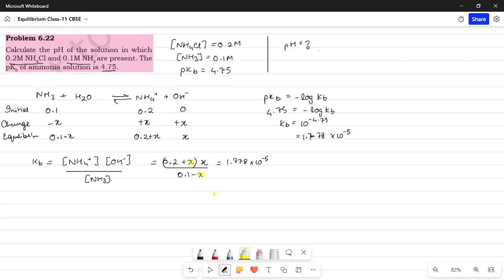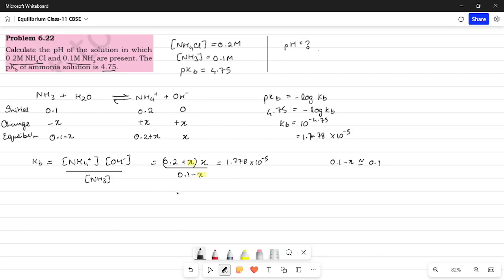So we are assuming that 0.1 minus X is approximately equal to 0.1, because the value of X is going to be significantly low, since we've seen that this Kb is so low. If it had been a strong base, we would not be able to do such things.